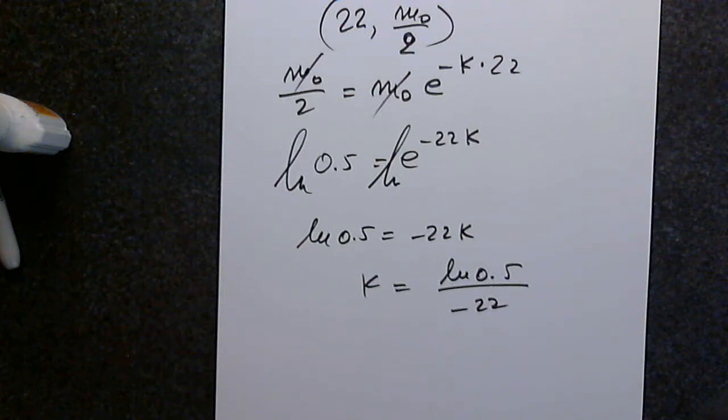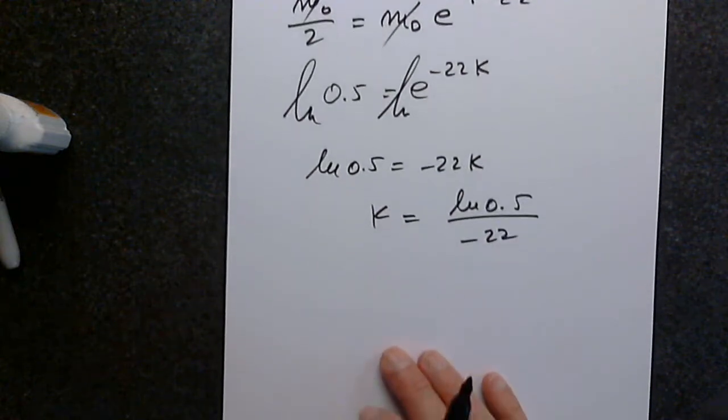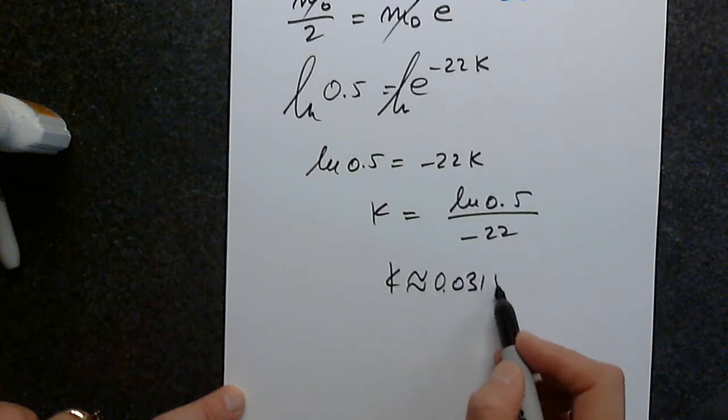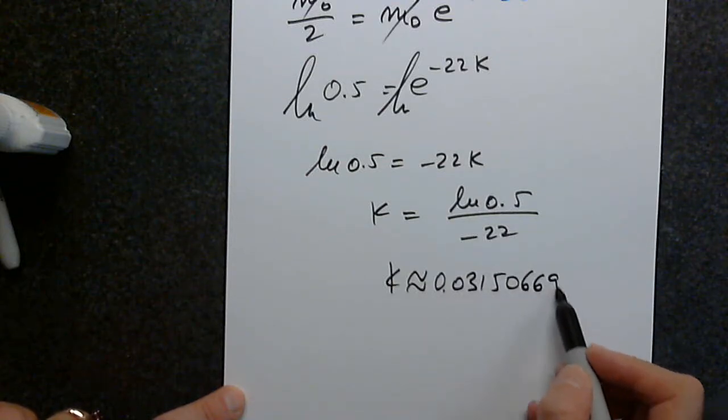Natural log 0.5, close the parenthesis and divide by negative 22. In parentheses, please. So I would take maybe more than 4 decimal digits. So K is approximately 0.031506669.